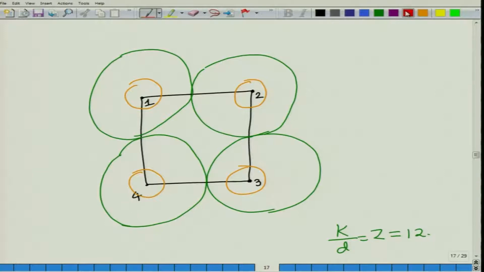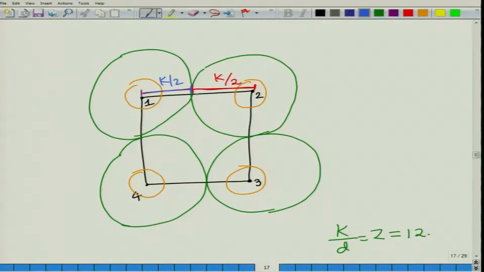So, what is the side of the square? Now, each side of the square, if we consider half of this side, then this is equal to the crown radius. So, it is k by 2. This half, the other half, is also k by 2.